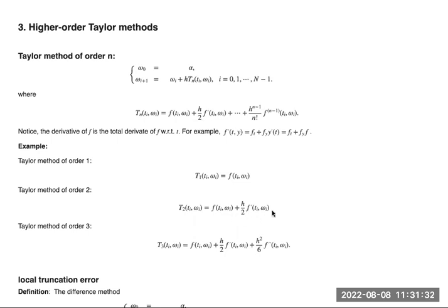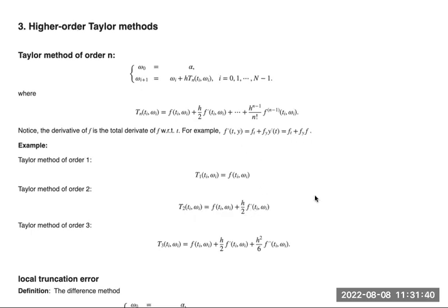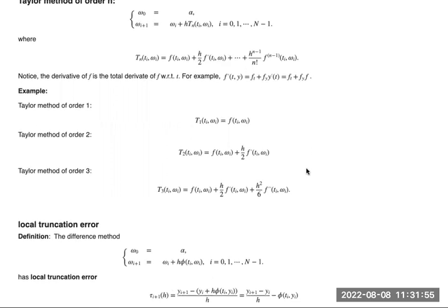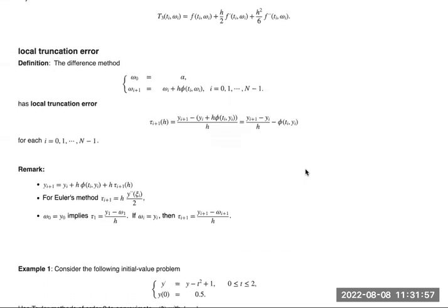For order 2, you have one more term, which is f prime times h over 2, and this f prime is that total derivative. And for order 3, you need to add one more term, h squared over 6 times the second order total derivative of f with respect to t. So you just need to take the total derivative of this term again, right? And again, we have some error term here.